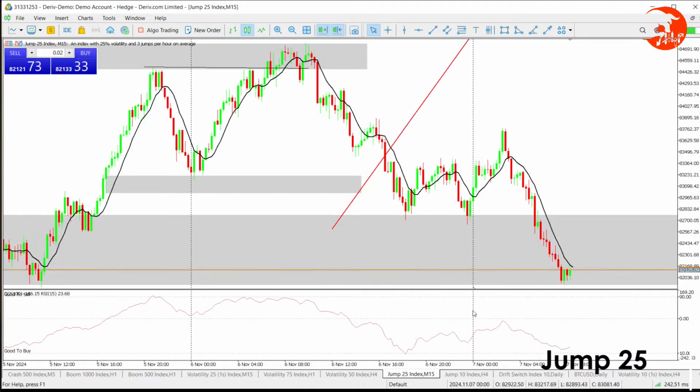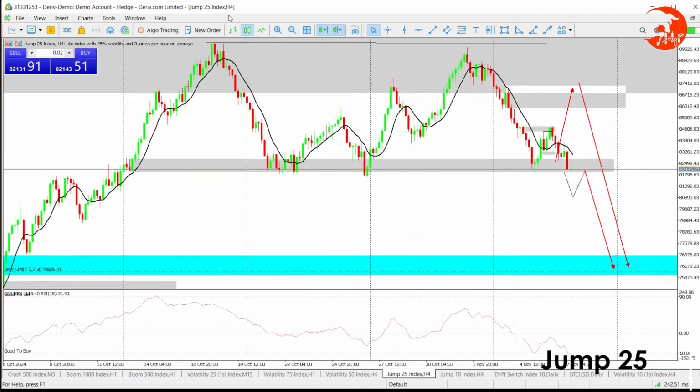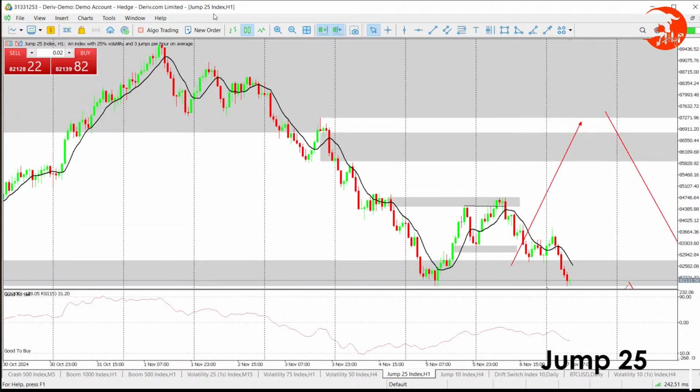Let's check M15, it's not yet either. So until M15 starts to get into the buys on this other side, that's when I'll be making my decision. For now I will stick to H1 and wait for whatever it gives me.